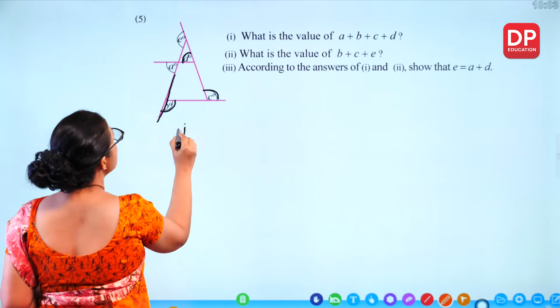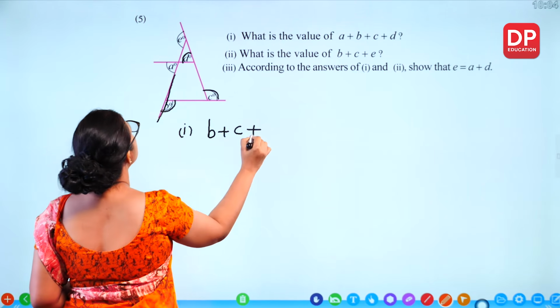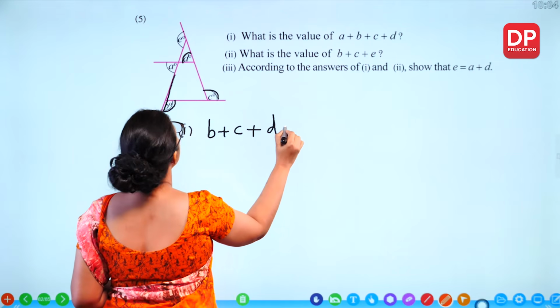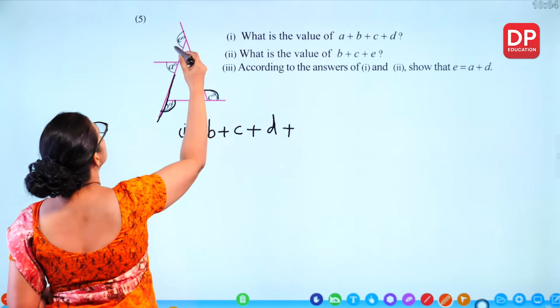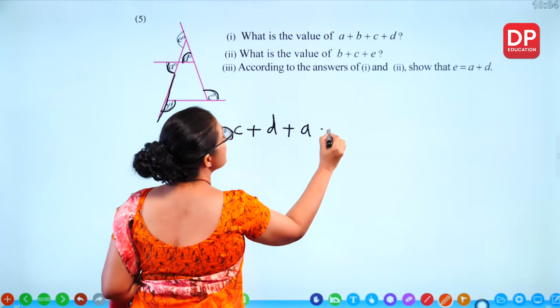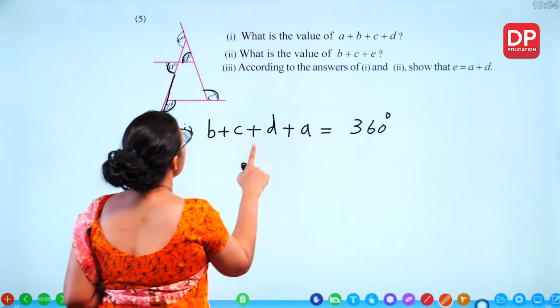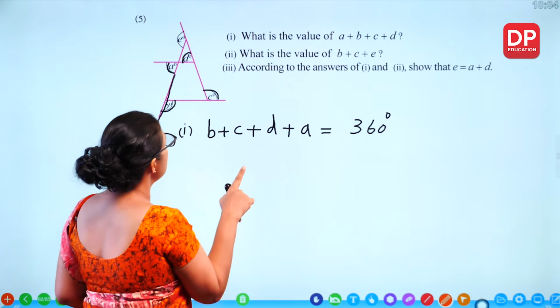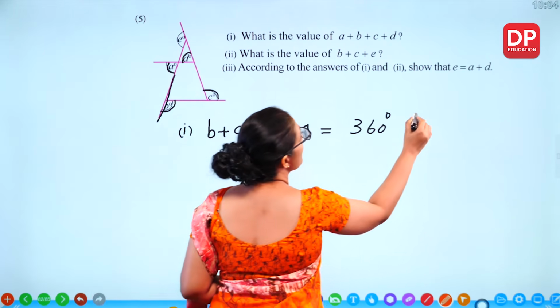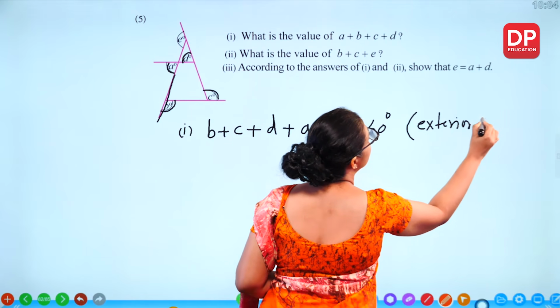So you can straight away write down b plus c plus d plus, this is a. Yes, this is also, you can take it. That's 360. So a plus b plus c plus d is 360, exterior angles.